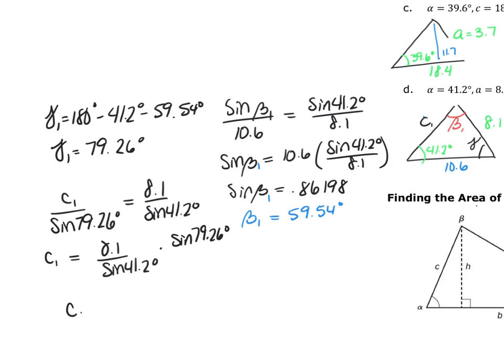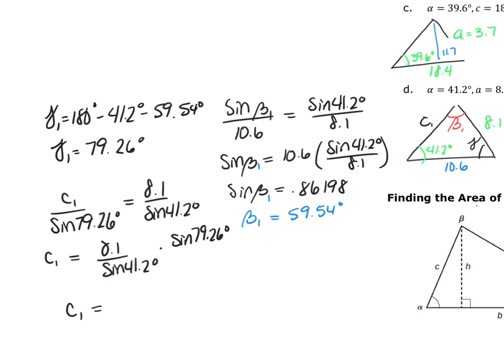79.26 degrees. So my C sub 1 is going to be equal to, I'm just going to do that really fast, 8.1 multiplied by the sine of 79.26, and I'm going to divide that by the sine of 41.2.